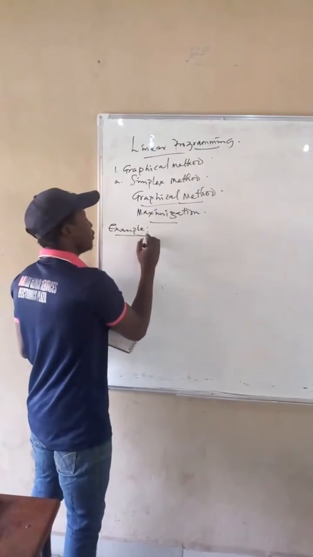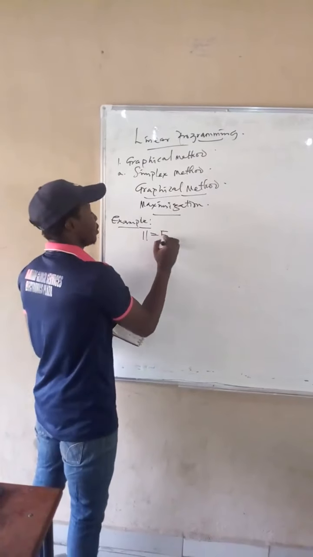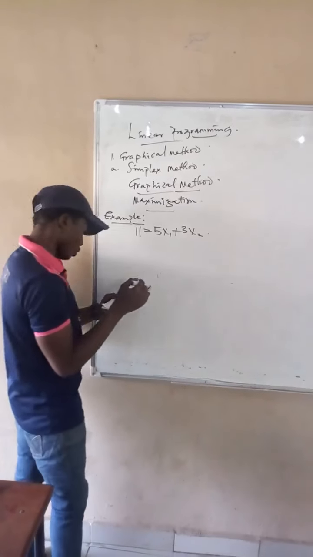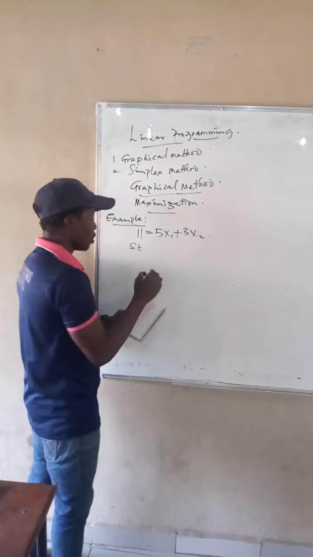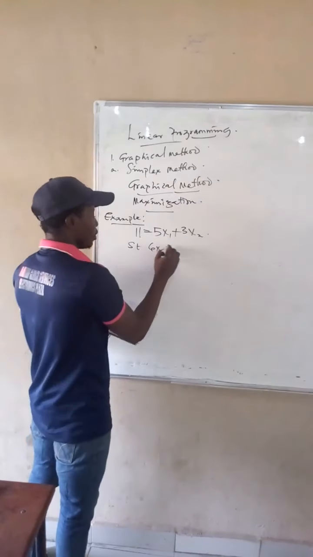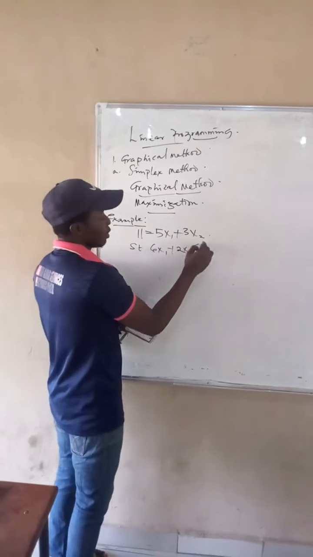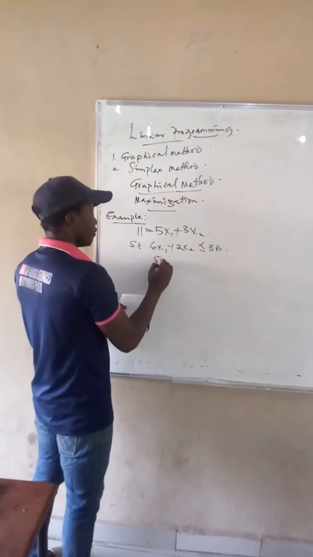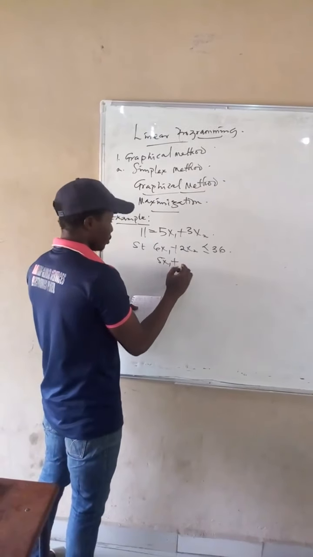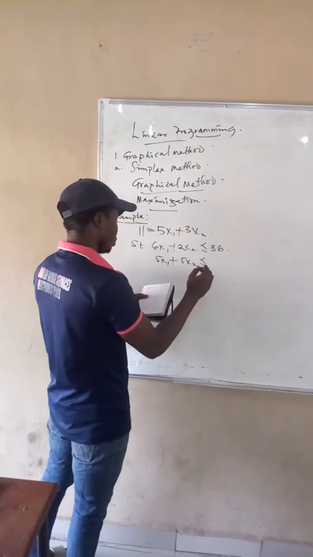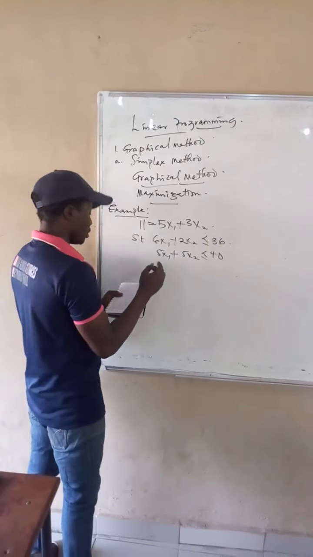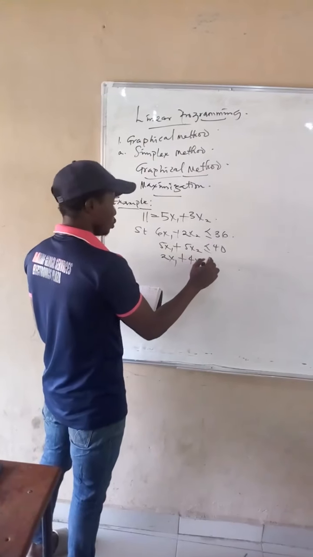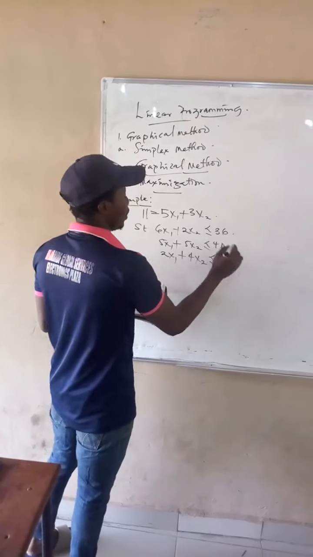Let's say we have profit equals 5x1 plus 3x2, with constraints of 6x1 plus 2x2 less than or equals 36, 5x1 plus 5x2 less than or equals 40, and 2x1 plus 4x2 less than or equals 28.